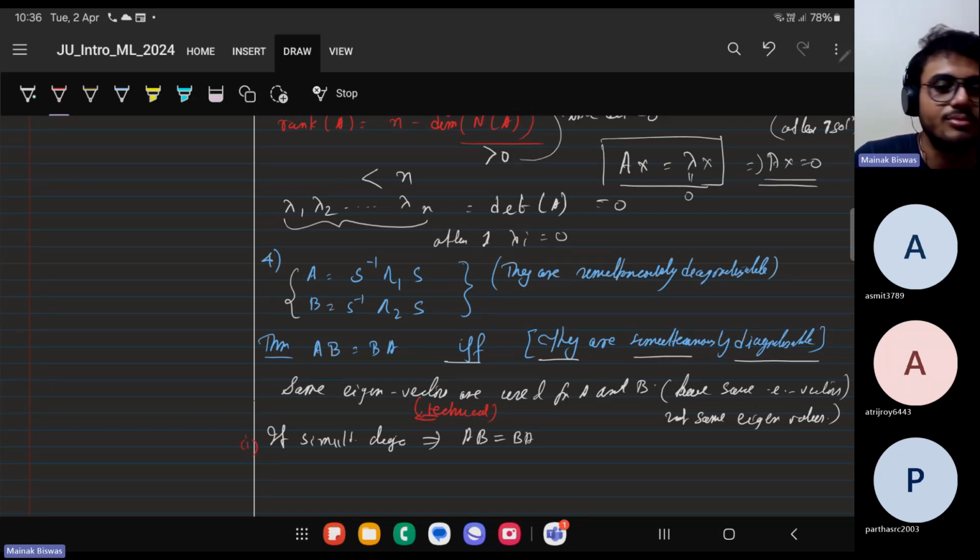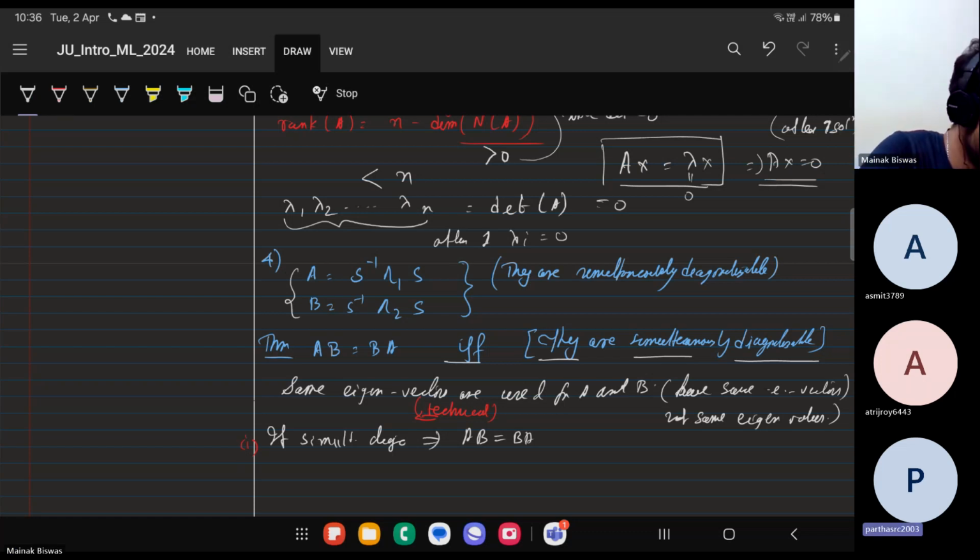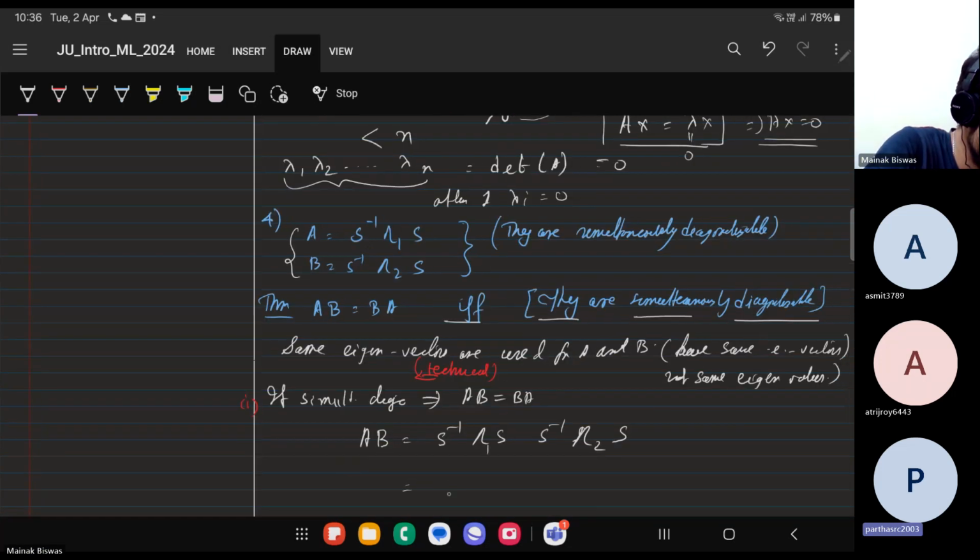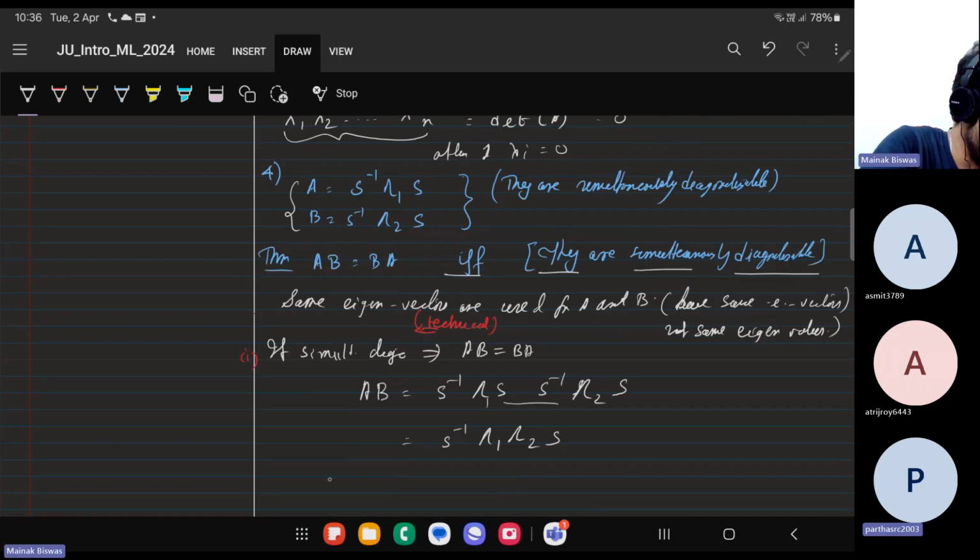Tell me, Partho. So AB, what will it be? It is S inverse lambda 1 S S inverse lambda 2 S. Good. Yes, the S and S inverse in the middle become I, so S inverse lambda 1 lambda 2 S. Okay, and now BA is S inverse lambda 2 lambda 1 S. Everybody clear?